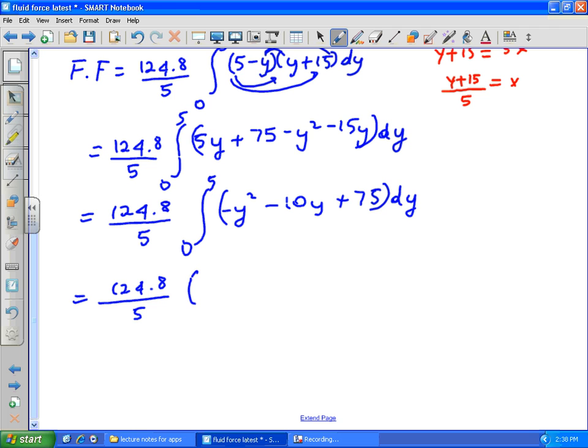Okay, integrating each piece, we get the following. And let's go ahead and take a moment to evaluate this. Just plug in 5 for y, minus when we plug in 0, we'll get nothing. So we just have to worry about what happens when we plug in a 5. So let's take a moment to do this.